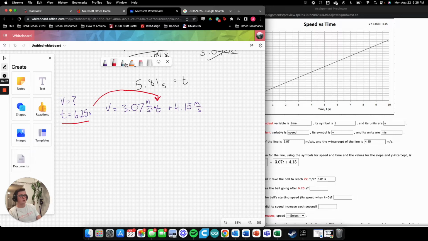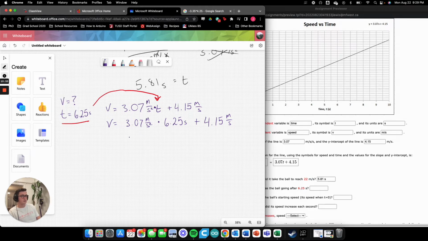So rewrite this equation with the new number in there: 3.07 meters per second squared times 6.25 seconds plus 4.15 meters per second. We can't add these things because they have different units, meters per second and seconds. So we need to multiply these together.